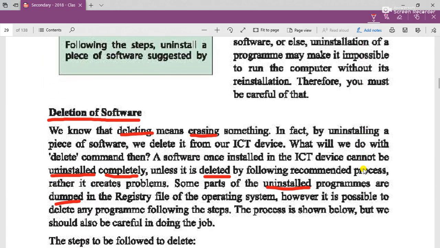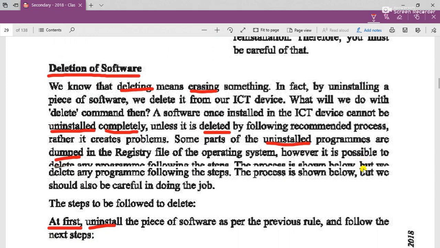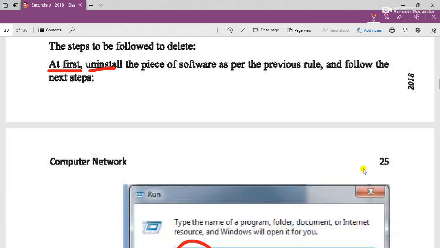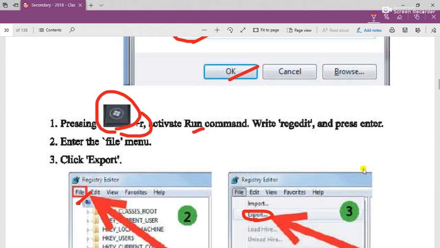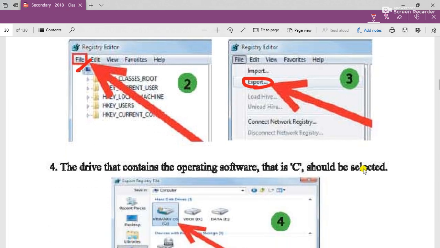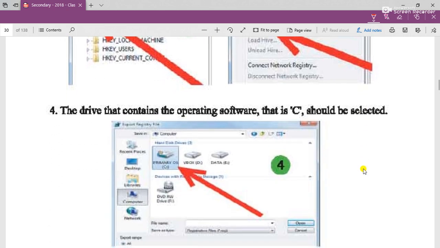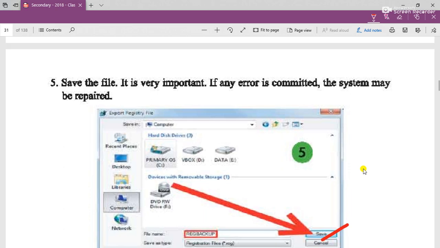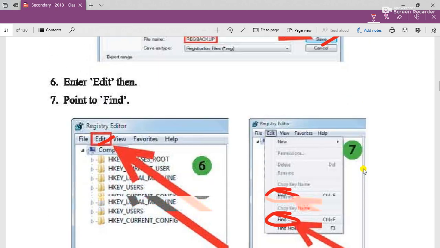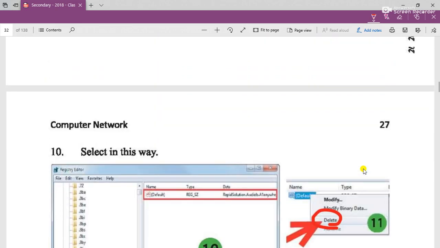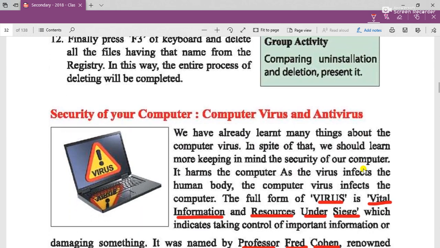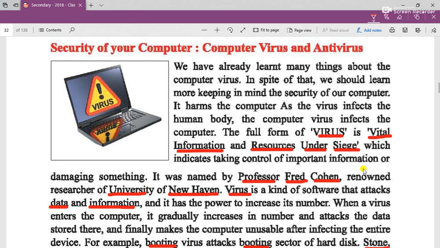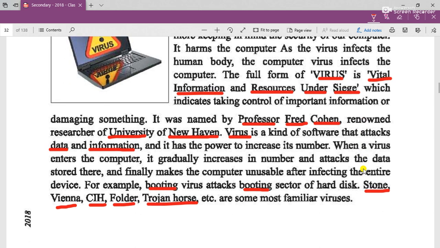And we have already discussed the deletion of software and the process also, and the important topics or lines for the MCQ. And in our last lecture we discussed computer virus and antivirus and some important lines for the MCQ also.